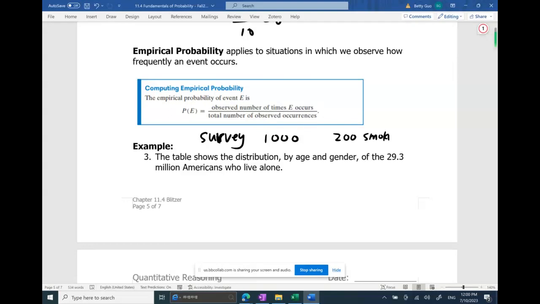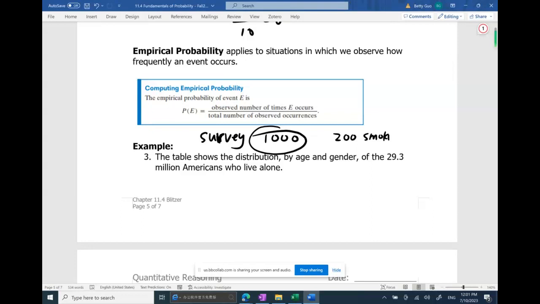It has to be empirical because your goal is to find the probability of randomly selecting a person in Tulsa area and seeing if the person is a smoker or non-smoker. Your population is all the people in Tulsa area, but you can only survey 1,000 people because sometimes we have to just get a sample to estimate the result about the population.